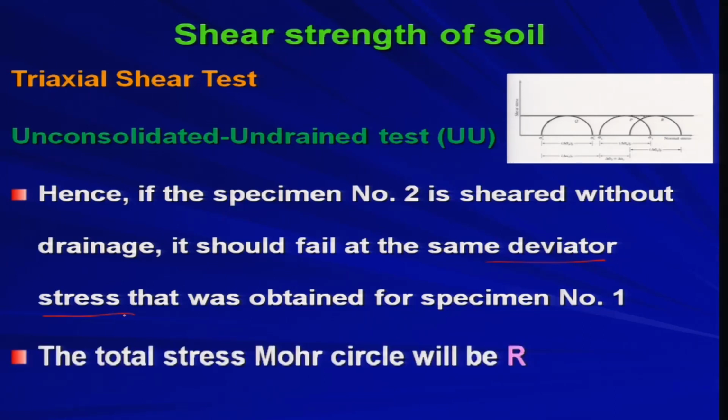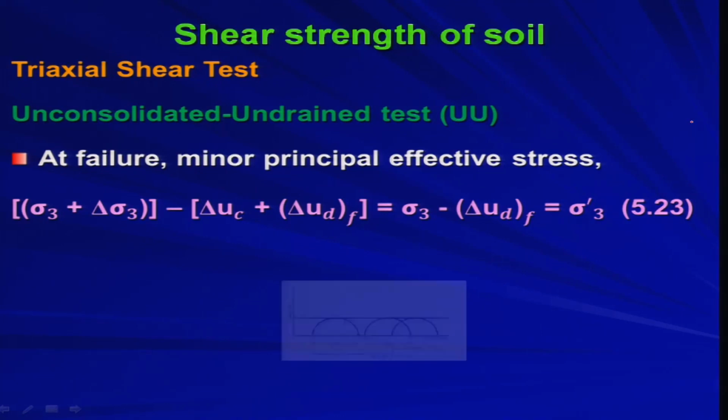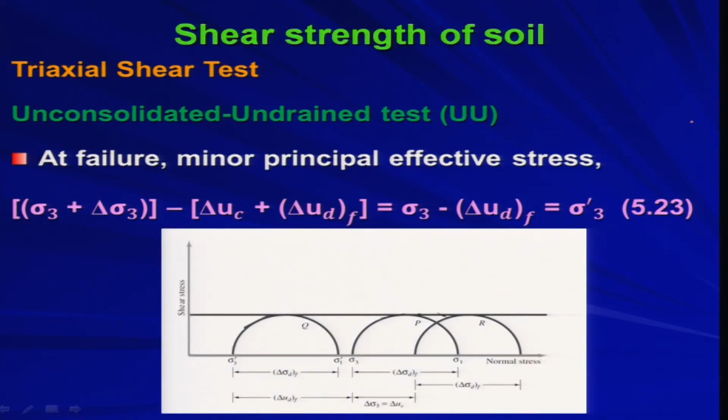So, the total stress Mohr circle will be R. This is your total stress Mohr circle for specimen number 2. At failure, the minor principal effective stress was sigma 3 plus delta sigma 3, that was the enhanced confining pressure, minus delta UC, minus delta UDF.